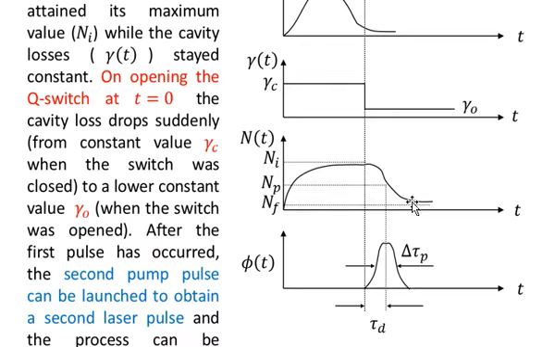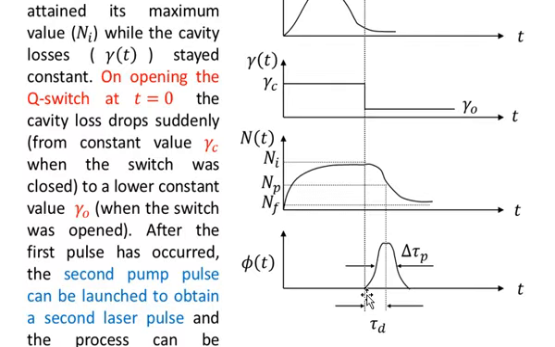But still the inversion is going to decrease, and it is still contributing photons, but the number of photons is falling. And when the inversion decreases to its minimum or final value, Nf, where f stands for the final value of inversion, then of course the pulse has decreased to its minimum value. That is, the number of photons has decreased to zero. So you see that a pulse is created.